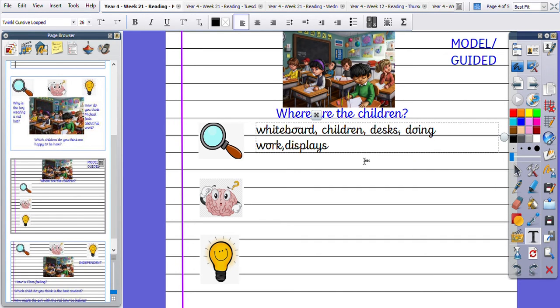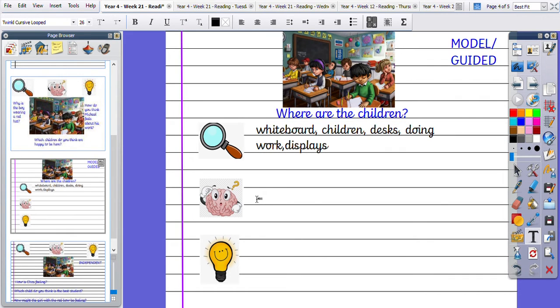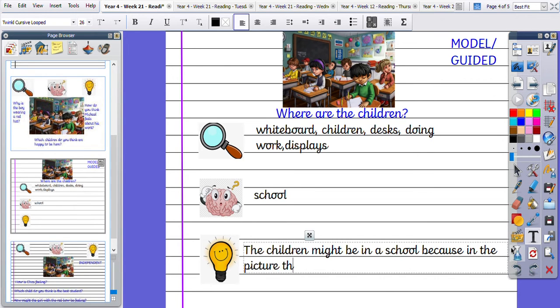Because of all these clues that we have found, we think they are in a school. So the children might be in a school because in the picture there is a blackboard actually, isn't it? It's from when I was at school, because there is a blackboard and children sat at desks doing their work.